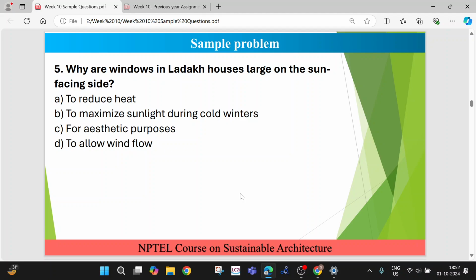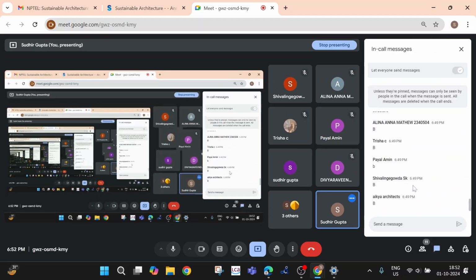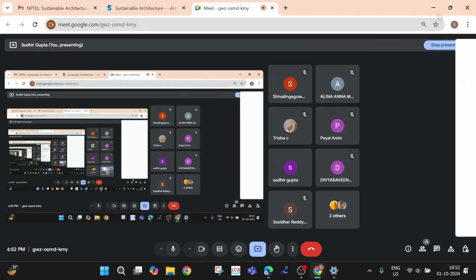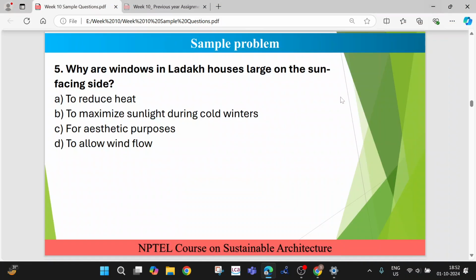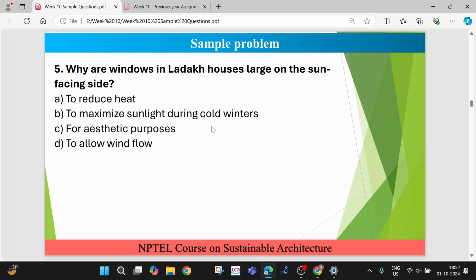So I think there would not be any issue with answering this question as well. This concept is clear to all of you, in which region what should be the size of the windows and why. In order to maximize the sunlight during the cold winters, it is preferable.